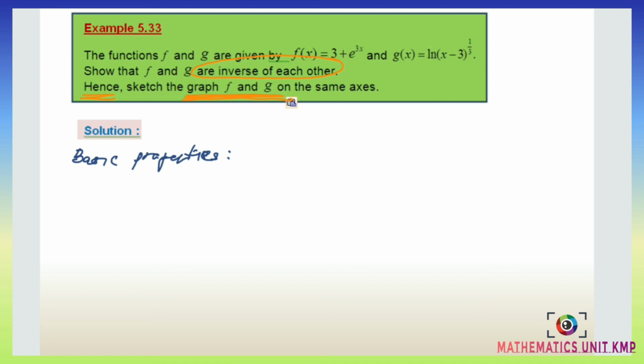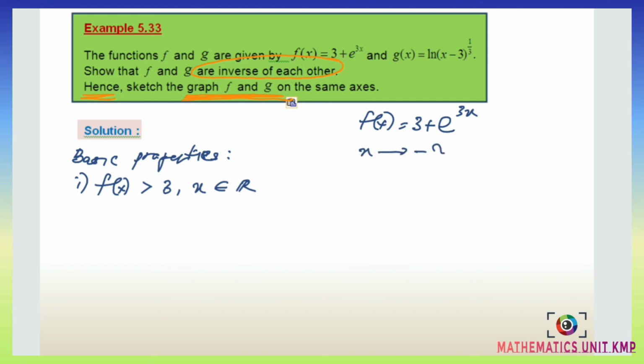To sketch the exponential graph, first, f(x) must be greater than 3 for x an element of the real numbers. Why must f(x) be greater than 3? Because f(x) equals 3 plus e to the 3x. When x approaches negative infinity, the value of e to the 3x is nearest to 0.